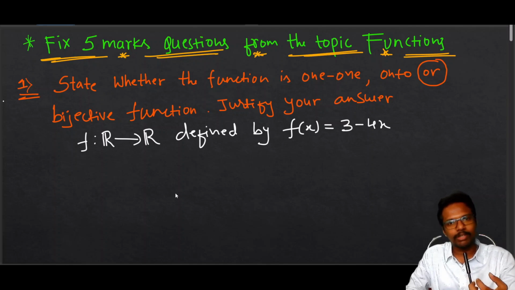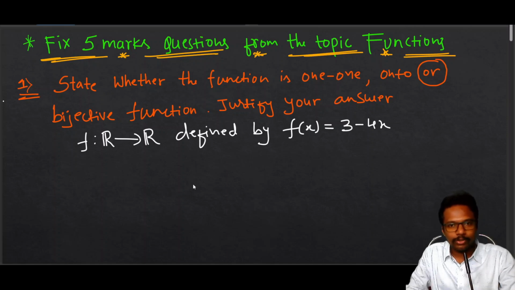Then it will be easy to solve any question. If you understand this clearly, without any doubts, then definitely we can solve any 5 marks question from this topic, because every pattern will be the same, every question uses the same method, the same way to solve one-one and onto. But first we have to understand the concept.